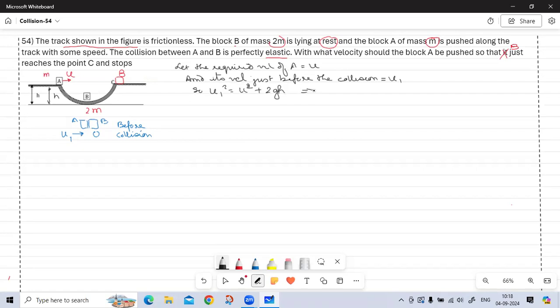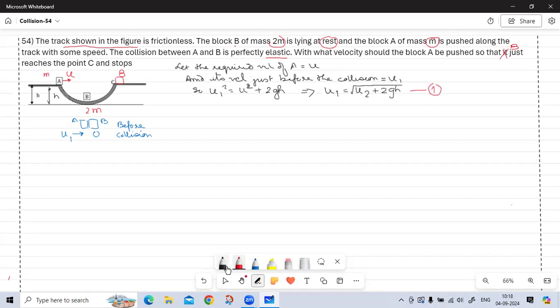Here we write u1 is equal to the square root of u squared plus 2gh. This is one relation that you need later, right?